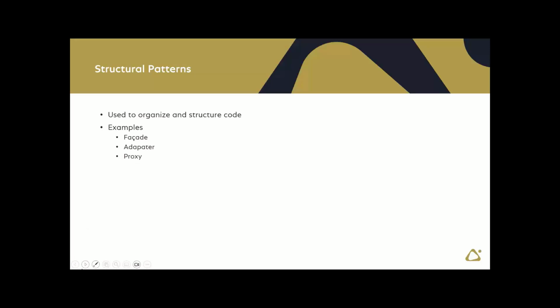Structural patterns are here to change the way our code is structured. And we have behavioral patterns, which are here to change the behavior of our code. So if we want to change the way our code is working, we can use these patterns. And we will have a look at some of them also.